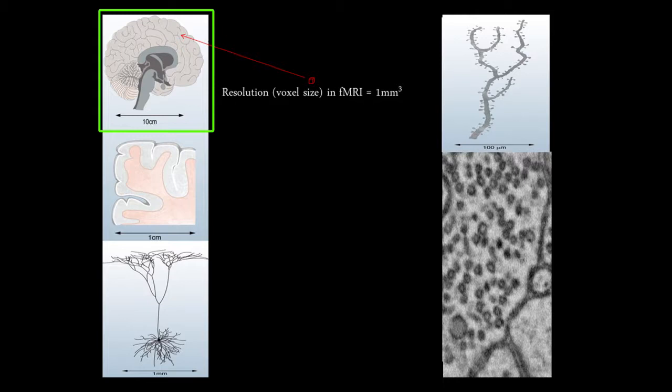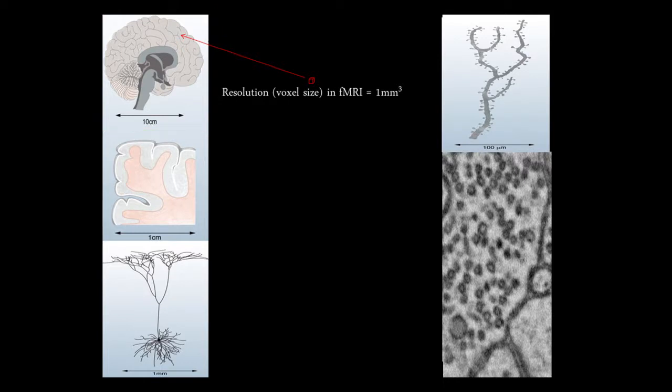That is, a human brain might have 1 million of these voxels, and I'm sure you've seen pictures of brains where they light up a part of the brain associated with a particular function. That is the state-of-the-art resolution of imaging whole brains in human beings.